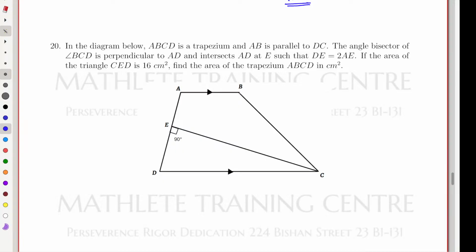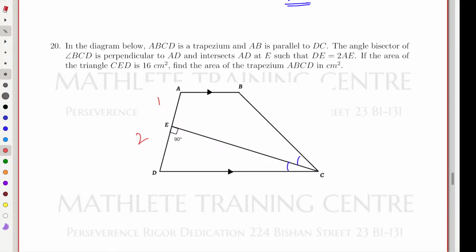AB is parallel to BC, and the angle bisector of angle BCD is perpendicular. Whenever you see angle bisector and perpendicular together in the same question, you must be alert because this indicates possibly congruent triangles. It intersects AD at a point E where AD is equal to 2AE. And then if the area of triangle CED is 16, find the area of the trapezium ABCD.